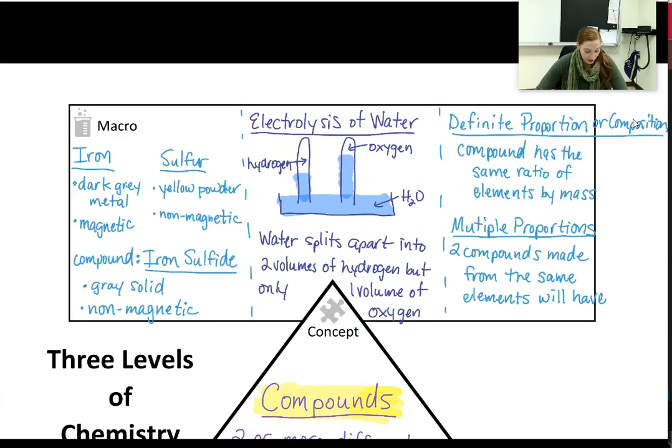We'll have mass ratios of simple whole numbers.